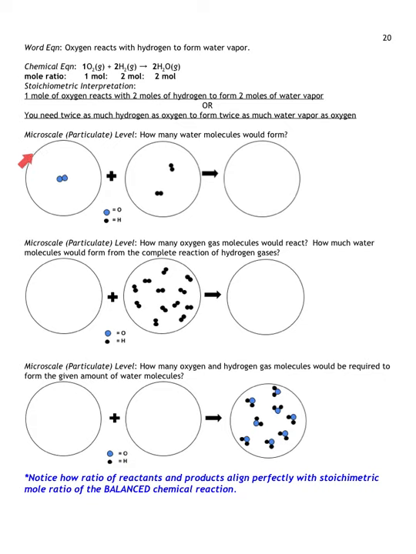Now, if you do it microscopically, and you're reacting 1 molecule of oxygen with 2 molecules of hydrogen, what you would expect to form is 2 molecules of water vapor. And so I'm going to draw 2 water vapor molecules for what you would expect to form.